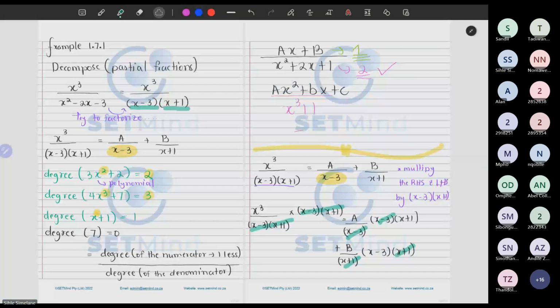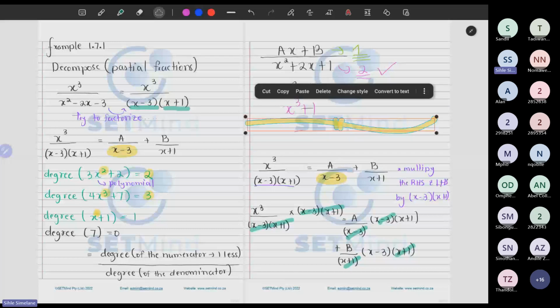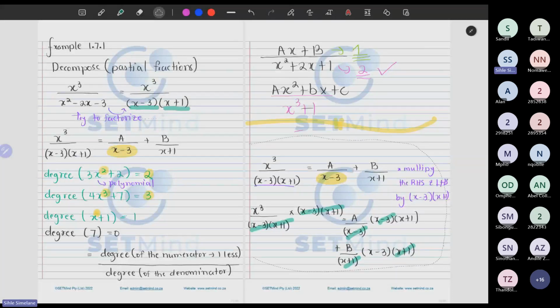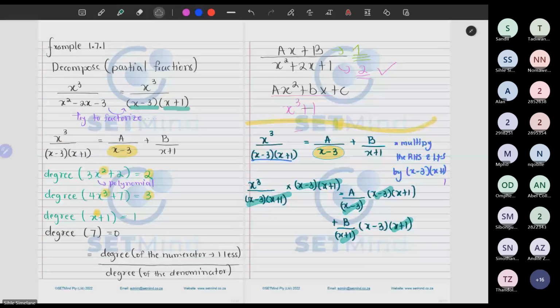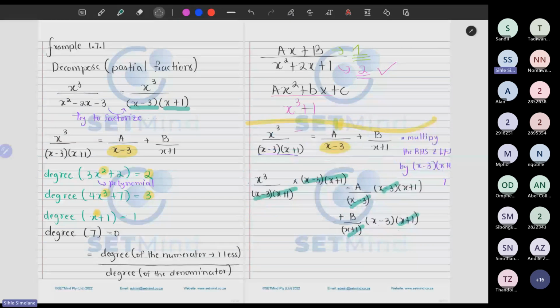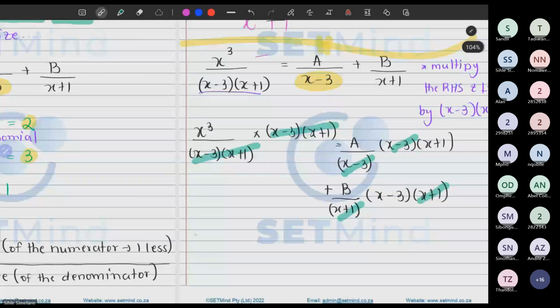Plus, pull that up, and all of this should go up. So if you now look at the left-hand side, it is left with x cubed equals a multiplied by x plus 1 plus b multiplied by x minus 3.